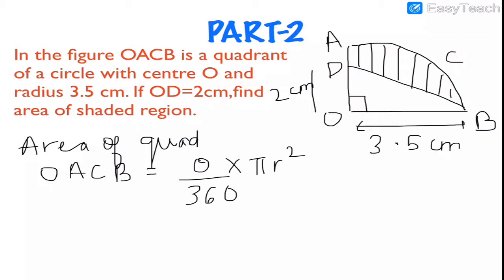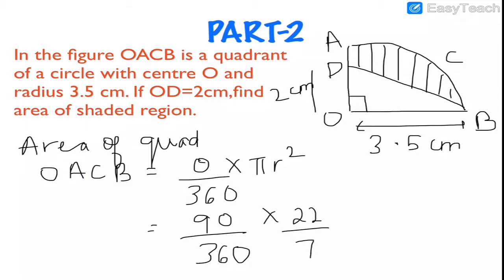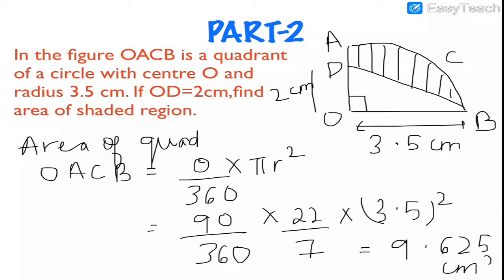We know theta is 90 degree and pi is 22 upon 7 and r is 3.5 whole square. And solving this, we will get 9.625 centimeter square.